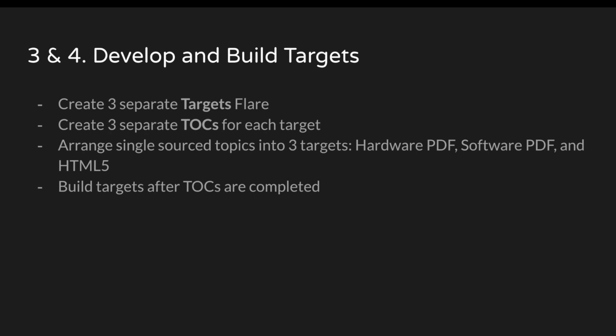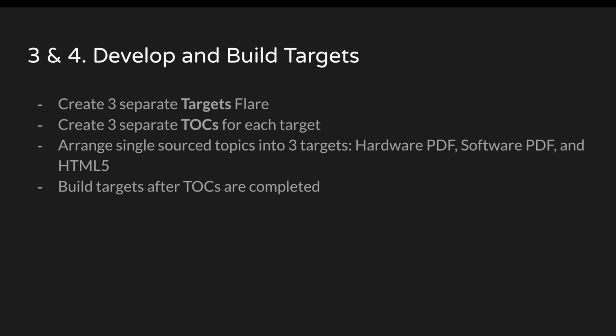And then you'll have to create 3 separate TOCs, or tables of contents, one for each target. Again, 2 of them will automatically be created for you, and you'll have to create the third. Essentially, once you've created the 3 targets and the 3 tables of contents, you'll arrange your single-sourced topics.